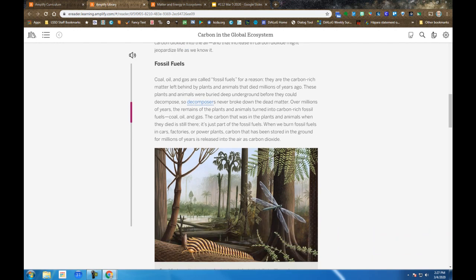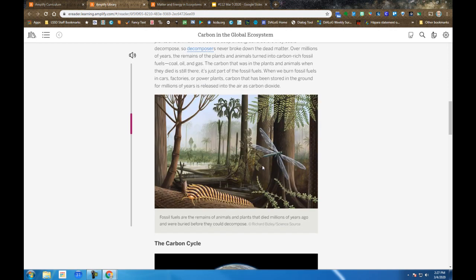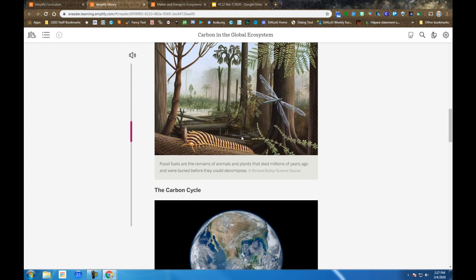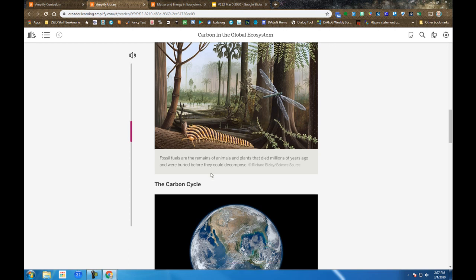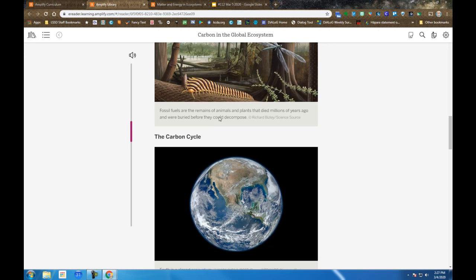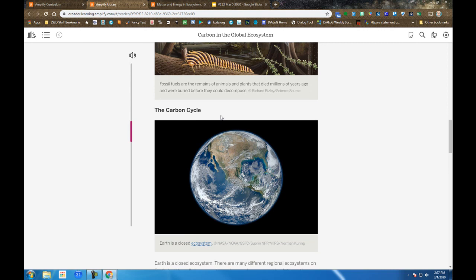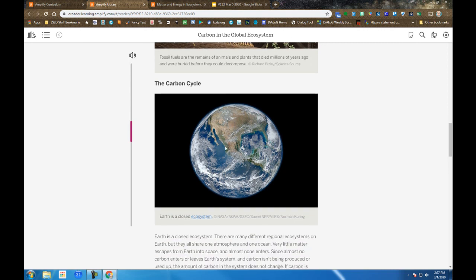But that coal and anything in the fossil fuel family, like oil and gas, are generated when plants and producers die and they're trapped and they aren't decomposed, and that coal maintains a high level of carbon in the dead material or abiotic area. As it's buried deeper and deeper and compressed more and more, it can then be dug up as coal or pumped out of the ground as natural gas or oil and used as fuel.